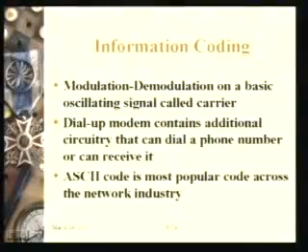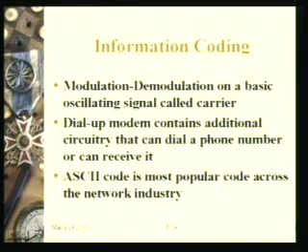Okay. What are the other things which are there in the network? Well, another important issue is information coding. Modulation and demodulation on the basis of an oscillating signal called a carrier. This is what you do in analog and digital signals. A dial-up modem contains additional circuitry that can dial a phone number or can receive it.